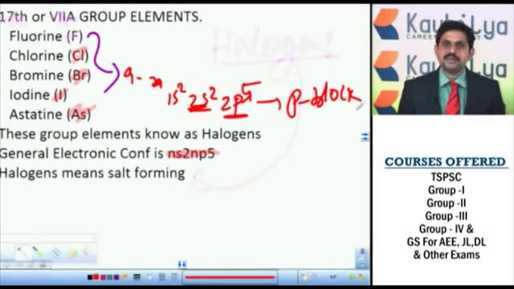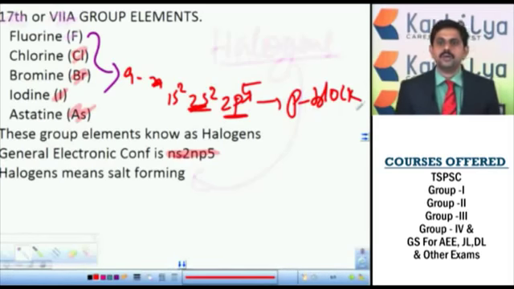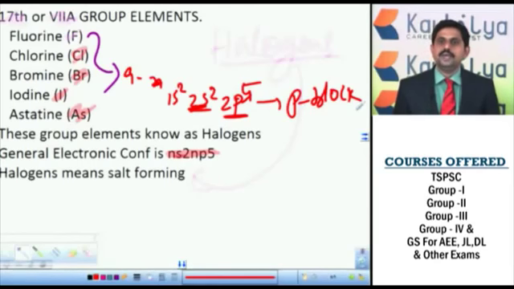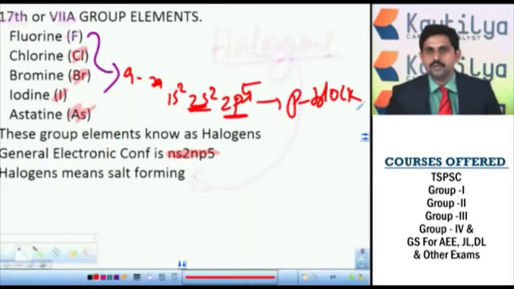Already we have discussed that from left to right the electronegativity increases and the metallic character decreases. So in this case the 17th group elements are highly electronegative elements. Remember, whenever we discuss any properties in the periodic table, they belong up to the 17th group elements only.